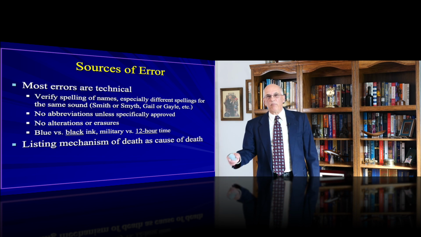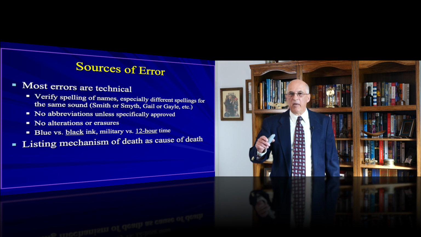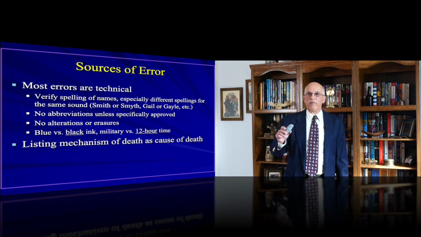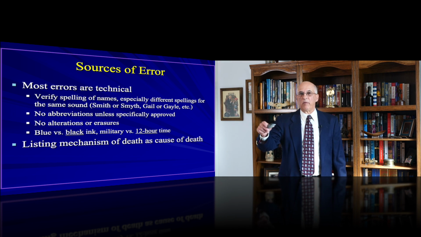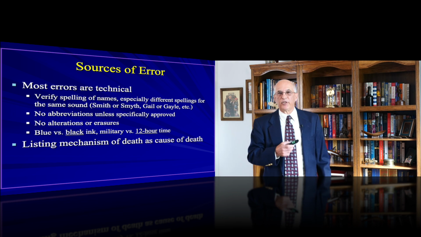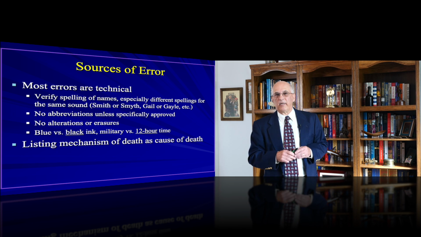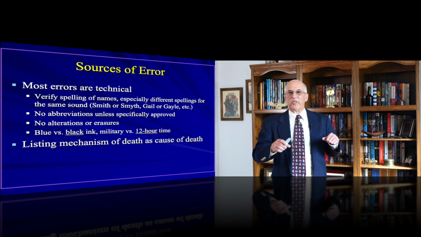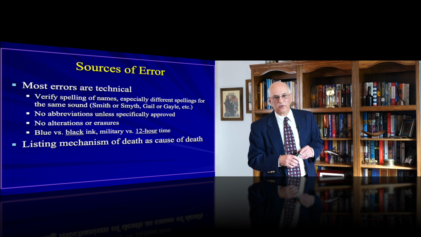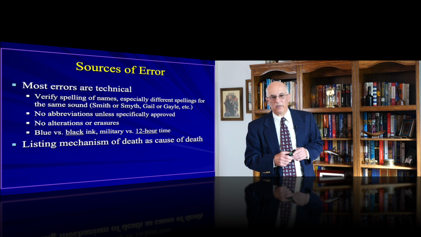But when someone is registered in the hospital now, they tend to be very, very careful about getting the name and address and all that information correct. And it's just a matter now of the electronic death certificate pulling that information directly from the medical record of the hospital. So there's less chance for error than in the old days when someone would sit there at an old-fashioned typewriter and type the information, and it would be much easier to make that type of an error. But still, it can still certainly happen.